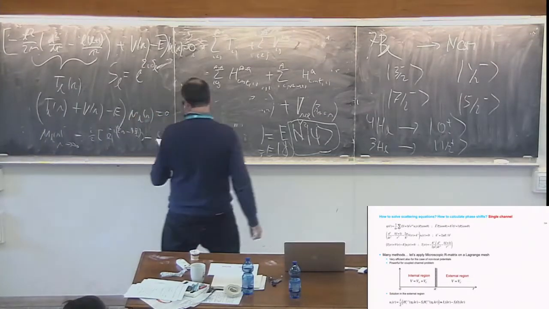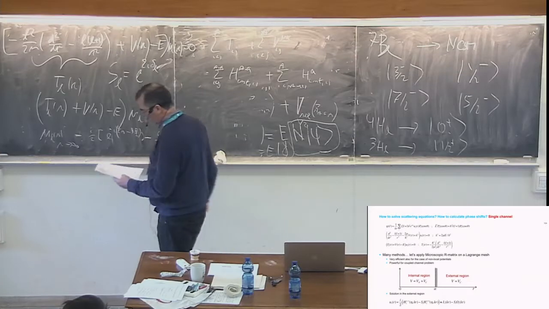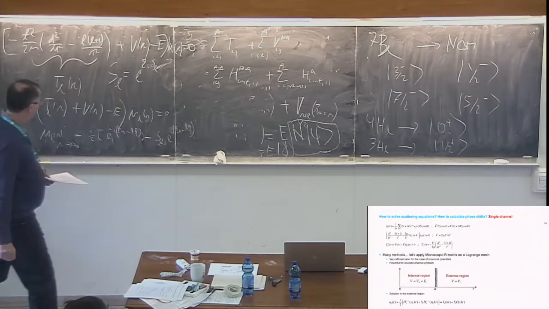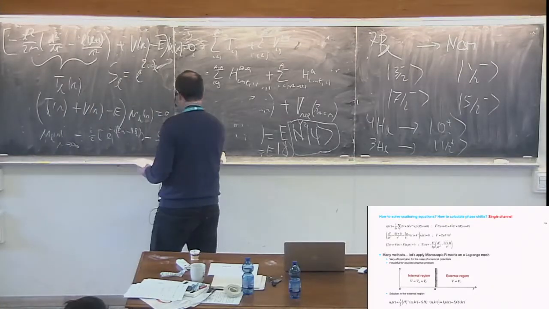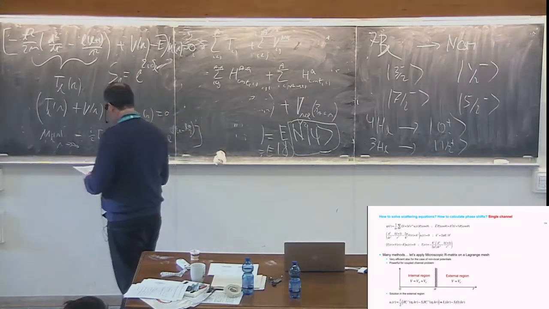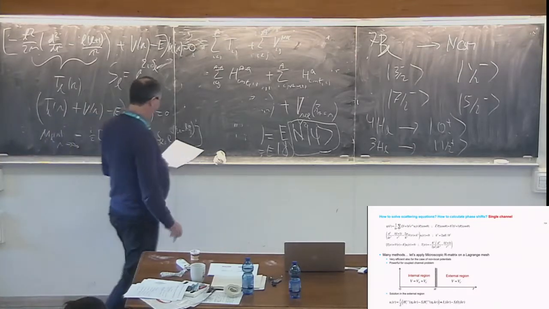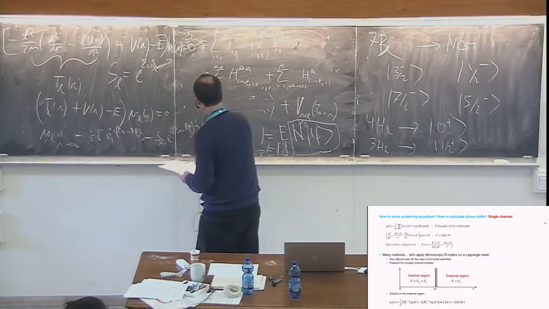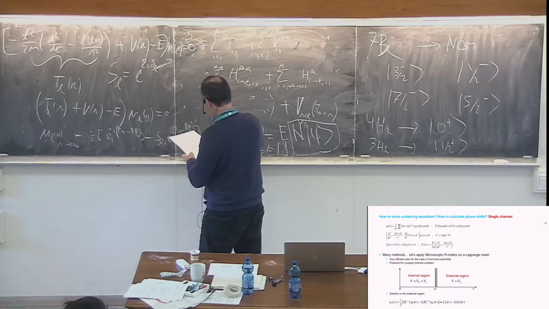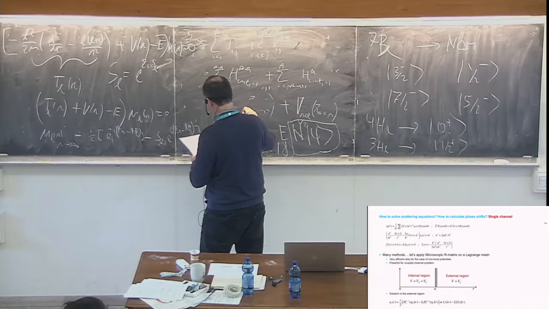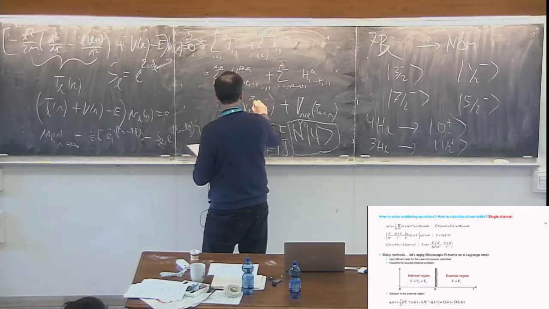And now if you have Coulomb, then instead of this simple relation, you will have incoming and outgoing Coulomb functions. So for a Coulomb it will have a more complicated form, and I will not go into more details of that, so it depends on the kr.